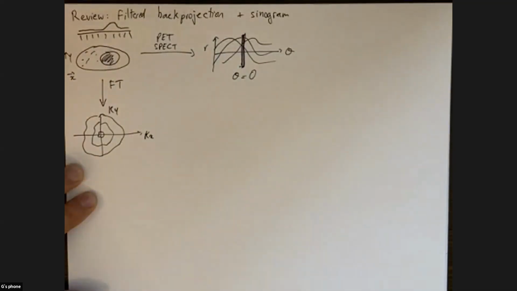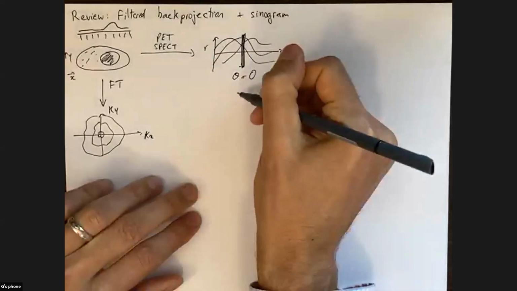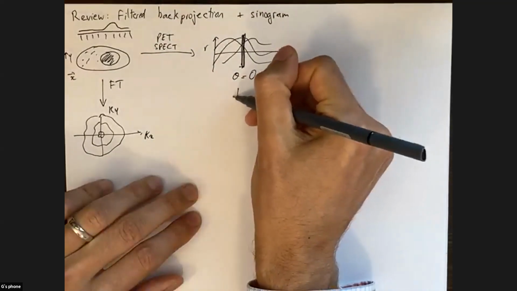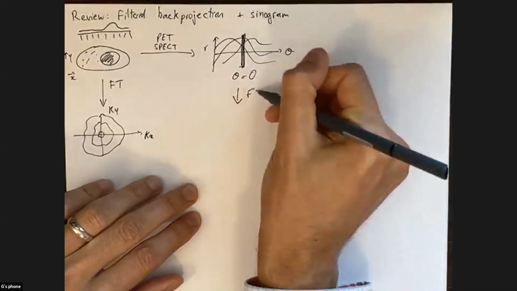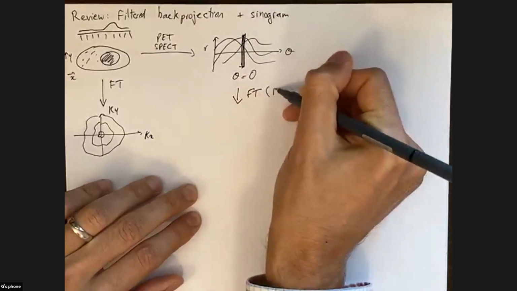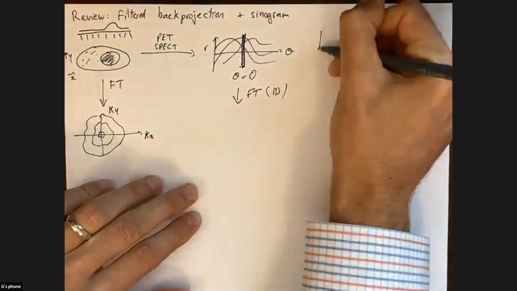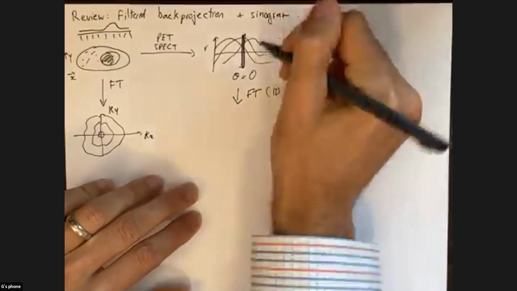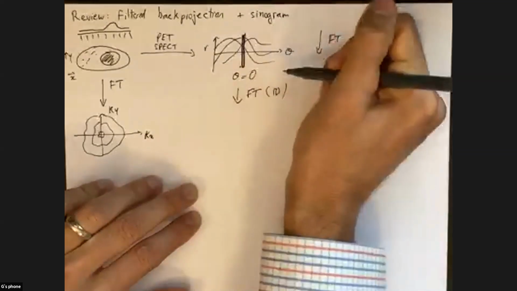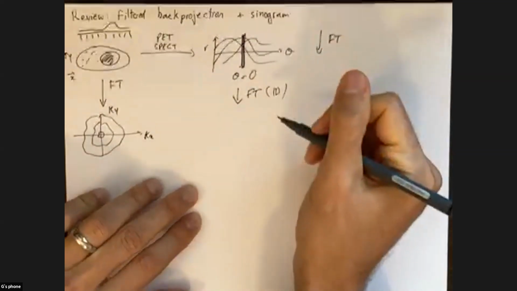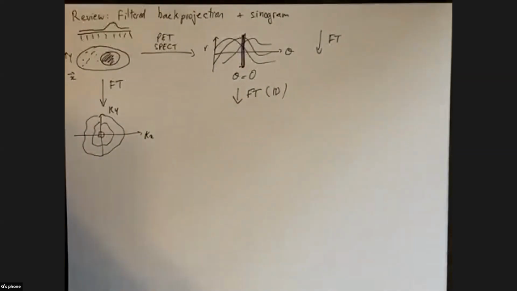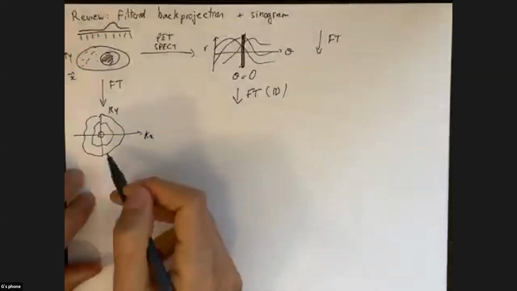The key thing we explained last time is that if we take a Fourier transform of the sinogram, a Fourier transform in 1D, taking each column of the sinogram and applying a Fourier transform, what we get is basically the same thing as we get here in 2D.